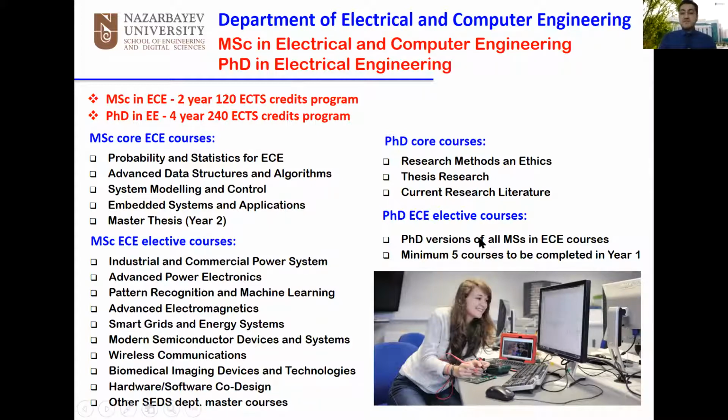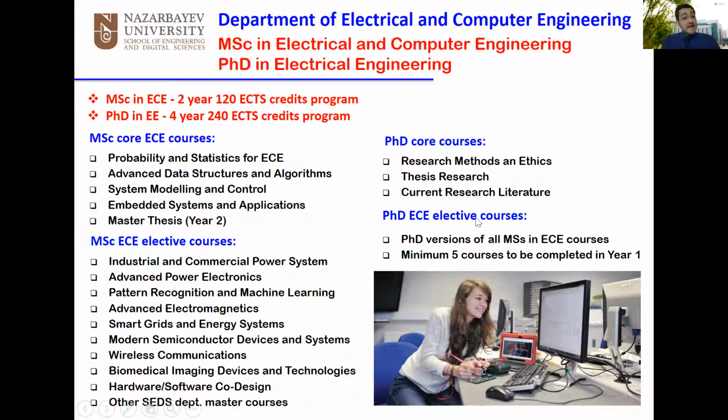So this PhD version of all MSc courses at ECE department will provide this chance for you to get back. And if you're going to take some courses which you like, or which can support your PhD thesis, you're free to take that.